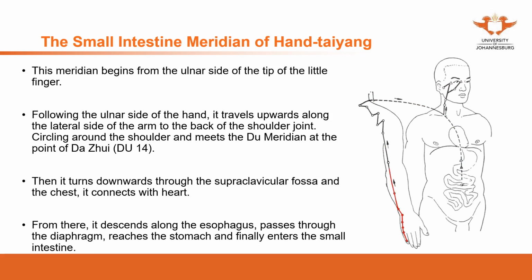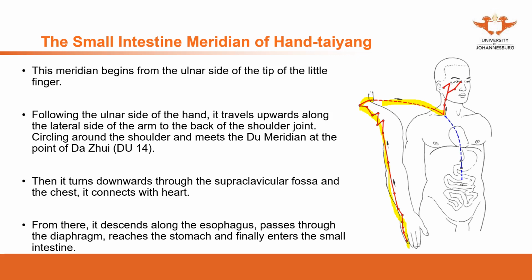The meridian begins from the ulnar side of the tip of the little finger, and then it travels from the ulnar side of the hand, upwards along the lateral side of the arm, all the way to the shoulder, and then from the shoulder, swings back to the supraclavicular fossa. Swing to the front from here.